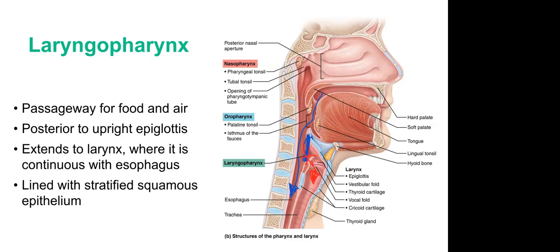Although, if it does go down the windpipe, maybe the epiglottis didn't close properly, or you were talking and eating at the same time, you just weren't ready to swallow yet. A lot of times that will cause the breach of the epiglottis, and that's when you start choking a little bit on your own food, or people often say it went down the wrong pipe, because it literally, as you can see, would be going down the wrong pipe if the food came over here.